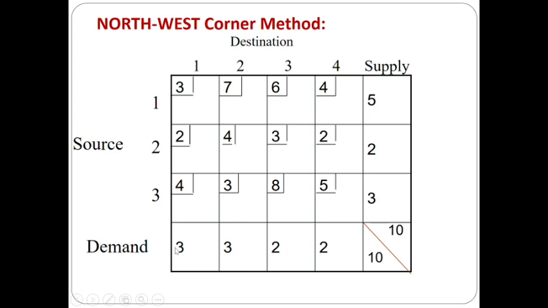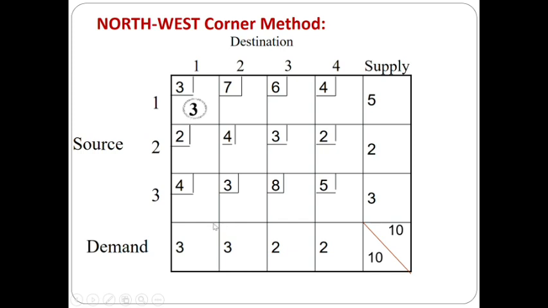So we can allocate a maximum of 3 units in this cell, because the demand is only 3 units, even though 5 units of supply are available. We have allocated 3 units here.